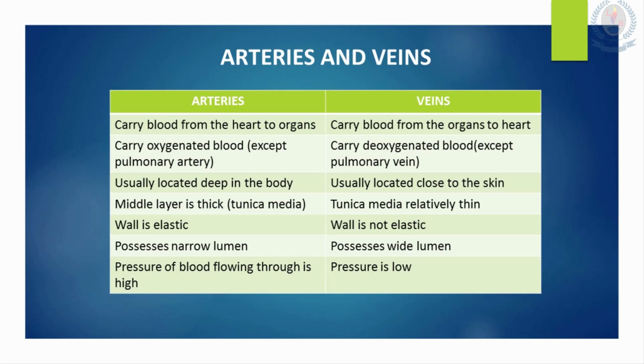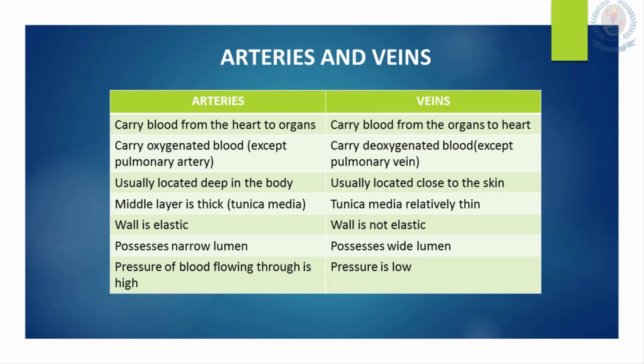The middle layer is thick in arteries, which is known as tunica media, and that tunica media is relatively thin in veins. The wall is elastic in arteries, and when considering veins, their wall is not elastic.